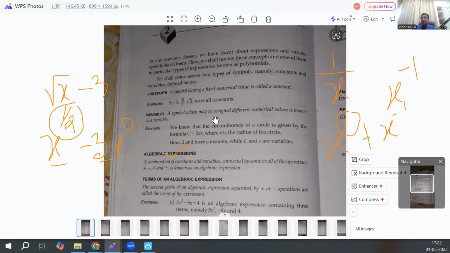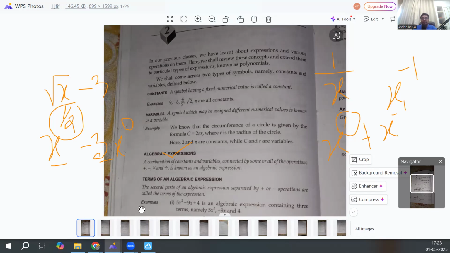So it's a variable. Next is algebraic expressions. What is an algebraic expression? A combination of constant terms and variables, connected by some or all operations, that is plus, minus, multiplication and division, is called an algebraic expression.